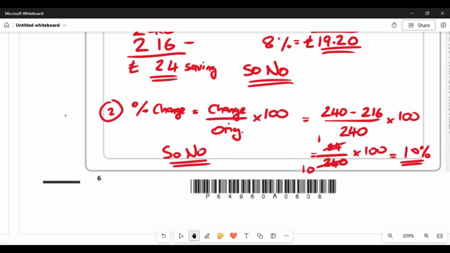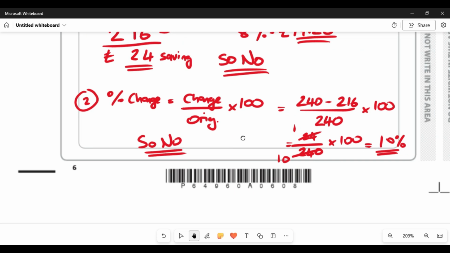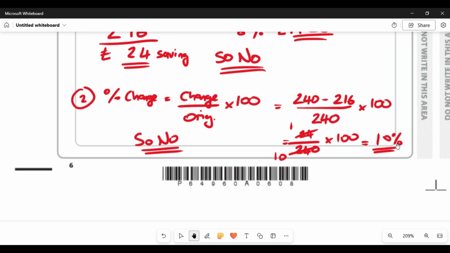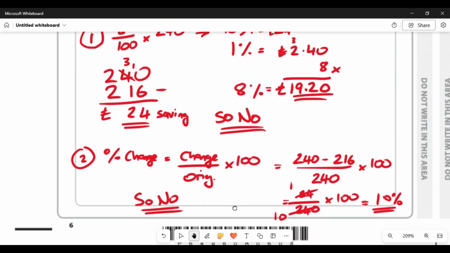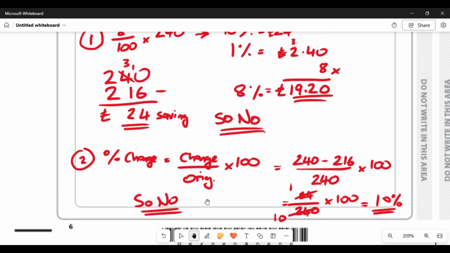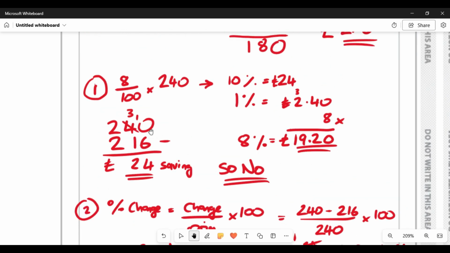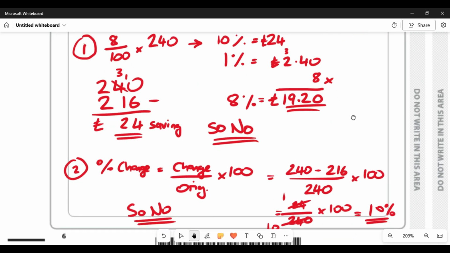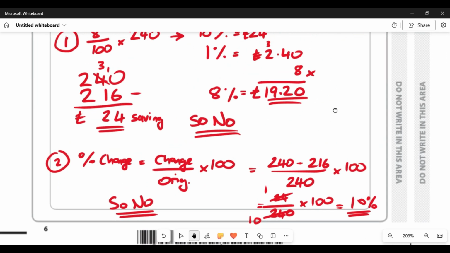Yep, so 2 different ways of doing that. In the second method here, you're comparing the percentages, and obviously it's a no because they're not the same. In the first method, we're comparing the savings, and obviously it's a no for that as well. So whichever way you do that question makes no difference.